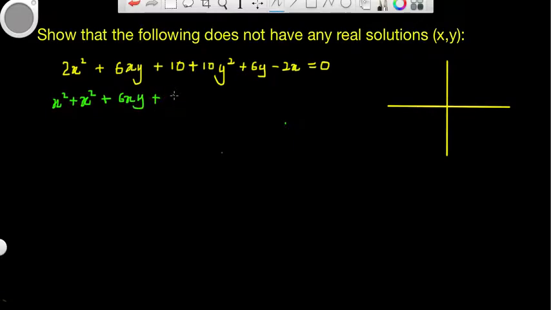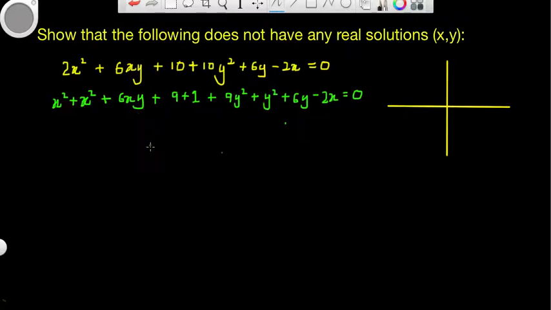We can write 10 as 9 plus 1, and I know it almost looks kind of elementary, but you'll see in a second why I'm doing this. Similarly with 10y squared, you can write that as 9y squared plus y squared, and we can write this as it is: 6y minus 2x equals 0.